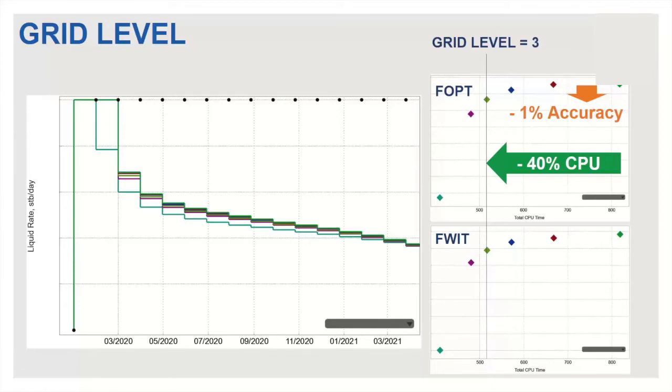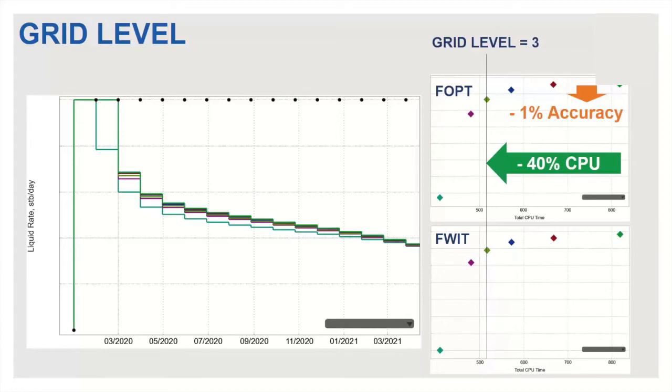You've got different levels of accuracy. So what you want to do is a cross plot of FOPT versus CPU time, to see what is the right grid level to give me exactly the same cumulative oil, but with less computation time.